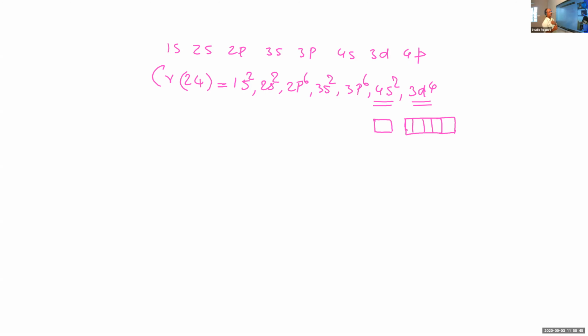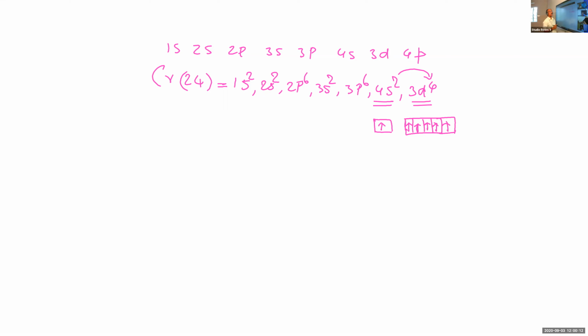So, if you change this electronic configuration, say like this, as 4s1 3d5, the 3d level will be half filled. The 4s also is half filled.